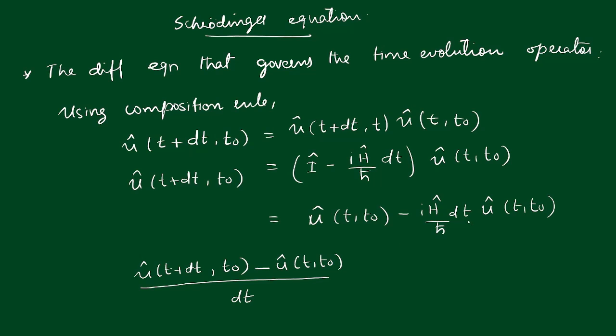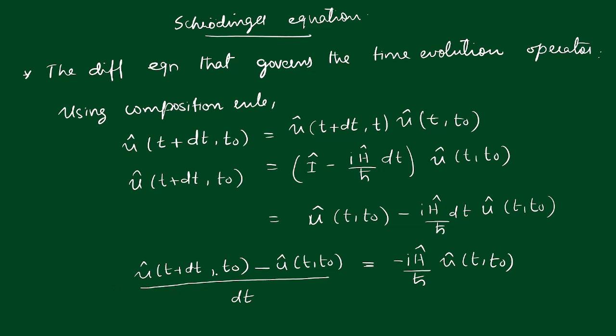Then there's a dt here, I took it to the left side. Is that clear? So that's equal to, let's say, minus i H by h cross U of t comma t0. All right. So we can maybe write one more step like that.